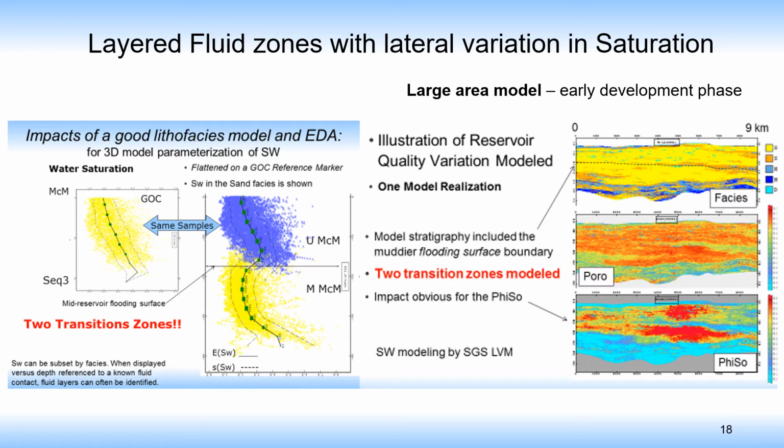So here's one where looking at the best sand facies, when we look at the average water saturation in the wells, on the contact, the gas oil contact in this case, we see two slopes here. And what it's showing us is two transition zones.